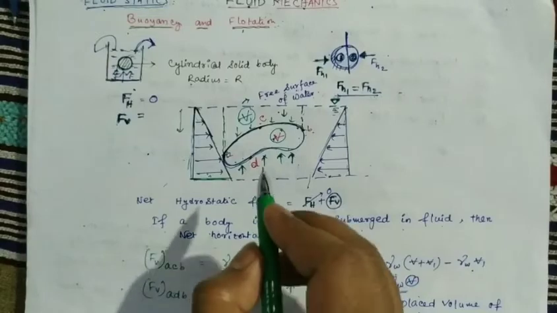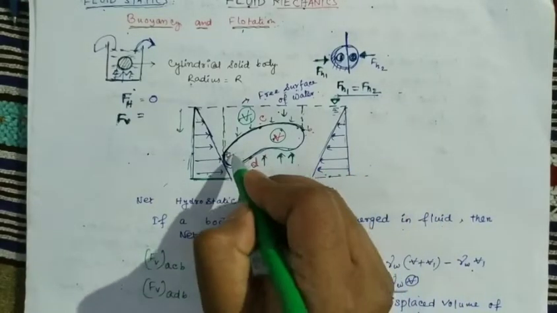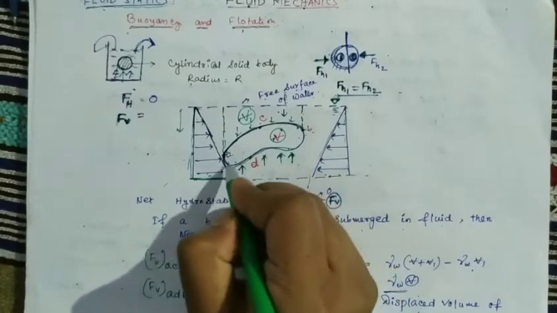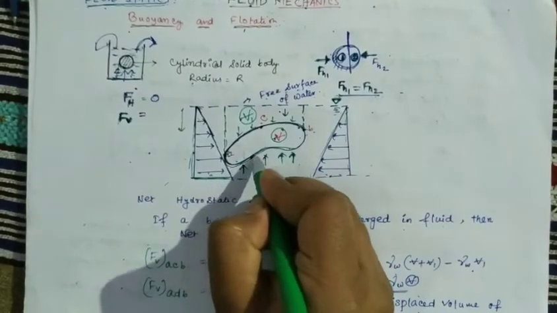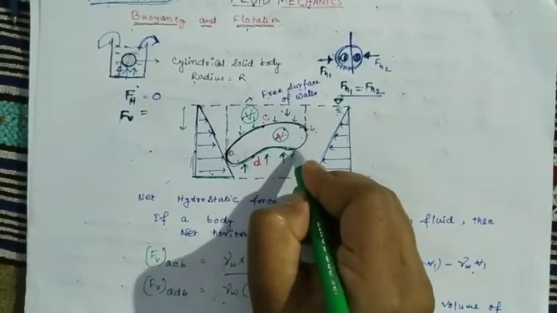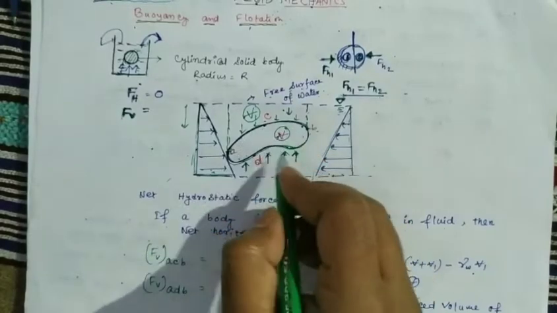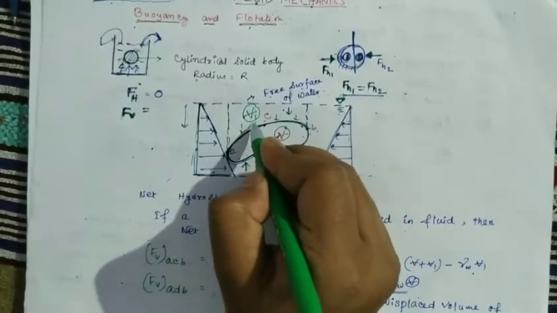Then the total net buoyancy force will be the subtraction of the upper surface force and the lower surface force.